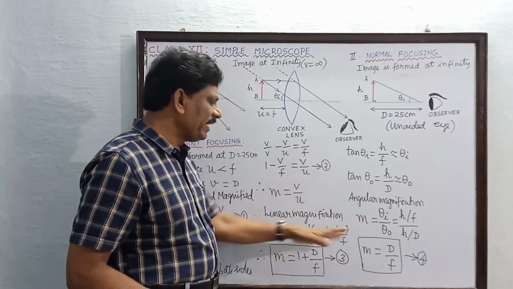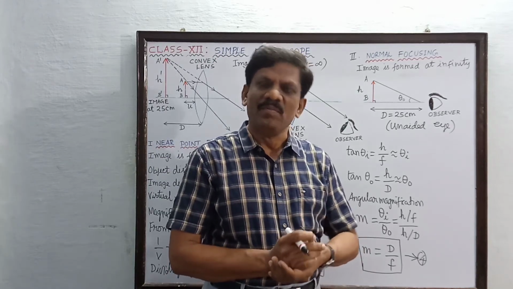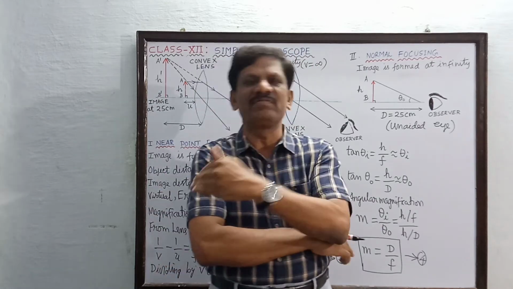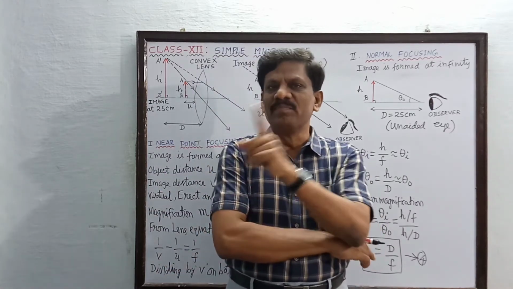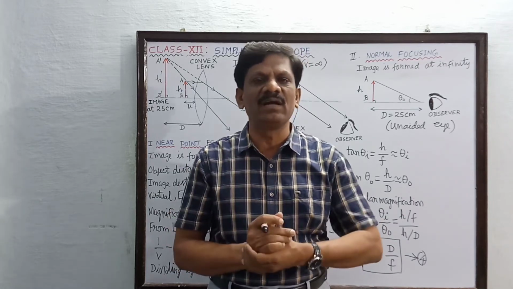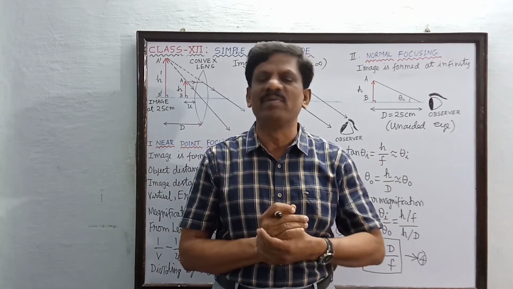Anyhow, both the magnifications are very important for us to solve numerical problems. So what is to be understood here, my dear students, as a summary of this simple microscope? A simple microscope is an ordinary single converging or convex lens only. What are the two types of focusing in this simple microscope?